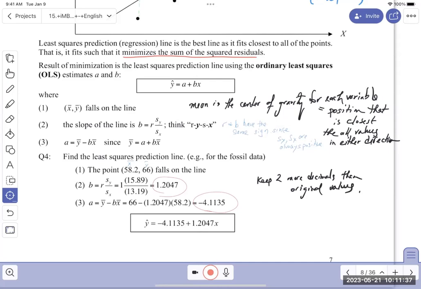So how do we interpret this? How do we interpret A? Let's just go with these numbers here. So A equals -4.11. It's called the y-intercept. What does it mean?